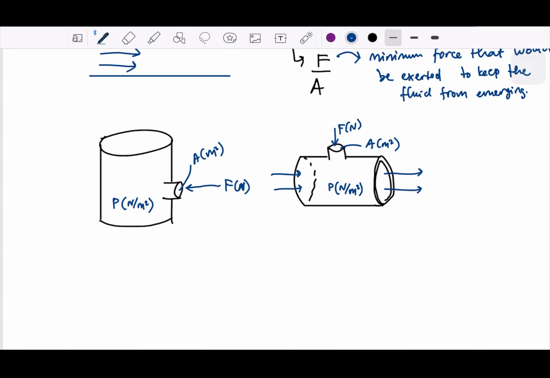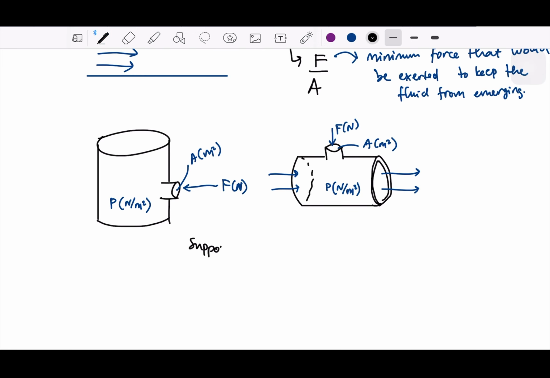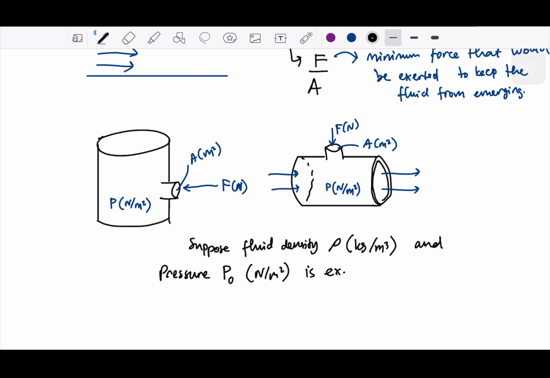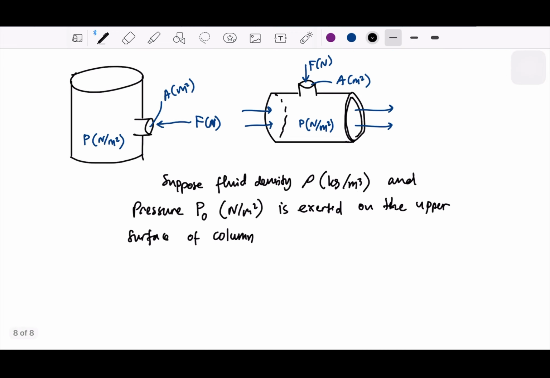Okay, suppose the fluid density has kilogram divided by meter cubed, and let's say the pressure P0 is exerted on the upper surface of the column. Or maybe let me just draw.